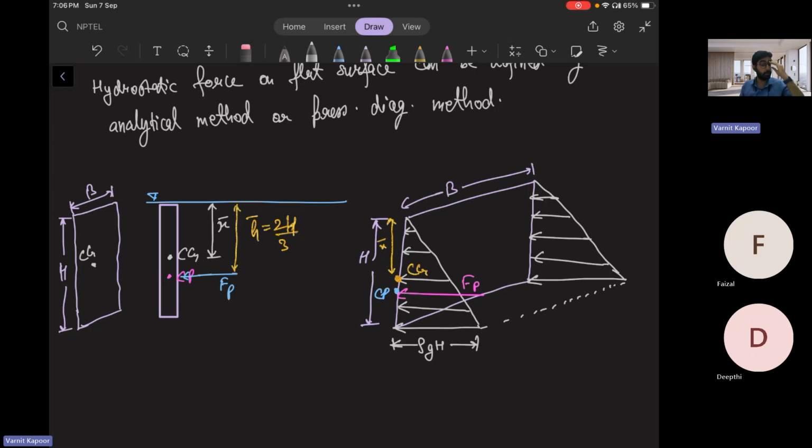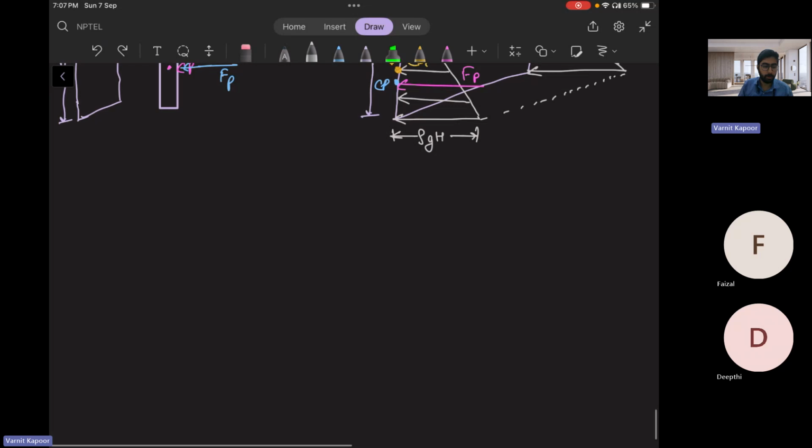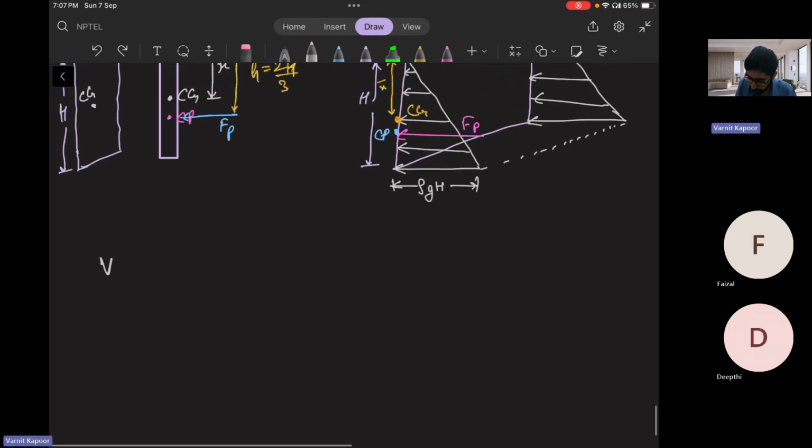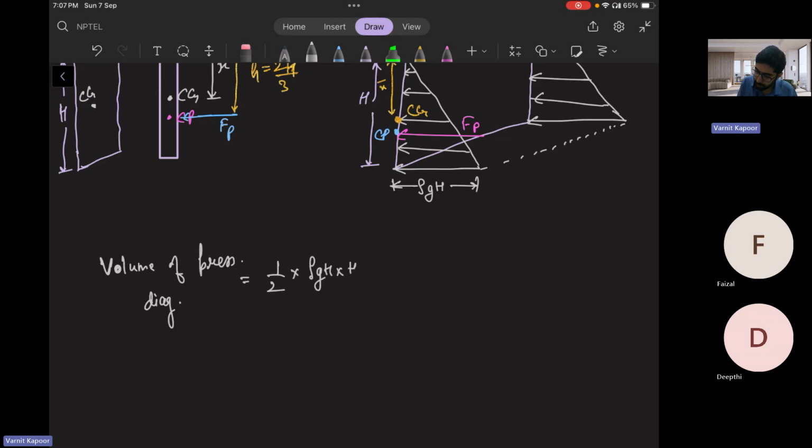So what will be the volume of this pressure diagram? Volume will be the area of this triangle into this width. The pressure diagram looks like a triangle. So the volume of the pressure diagram is half into base, rho G H, into height, capital H. This is the area, and what is the width?